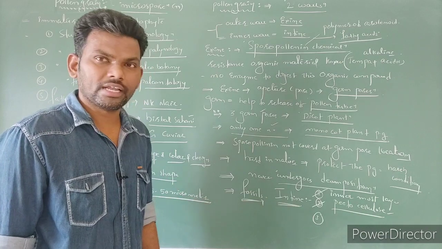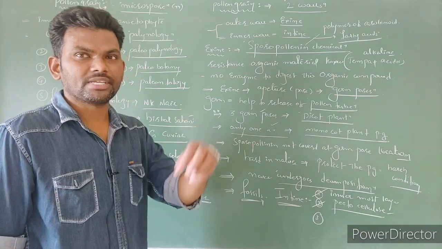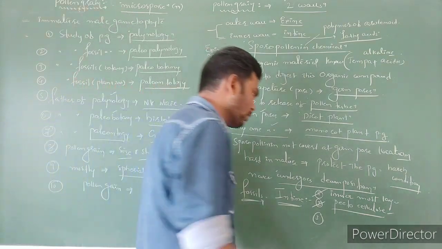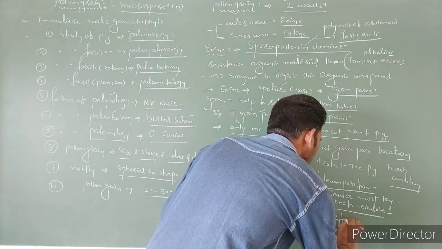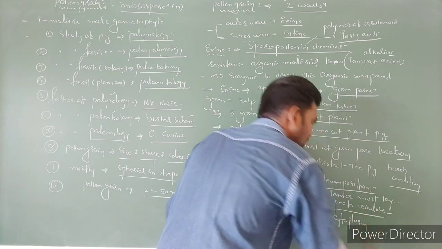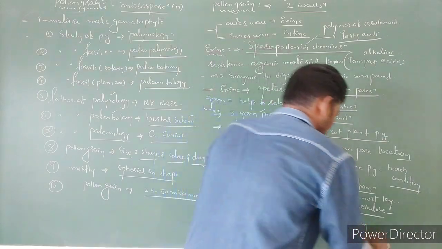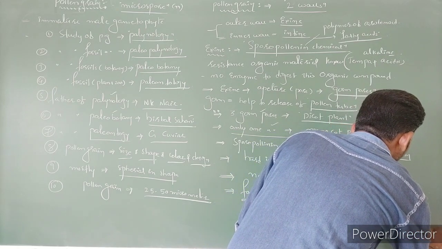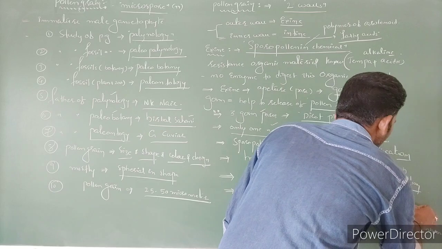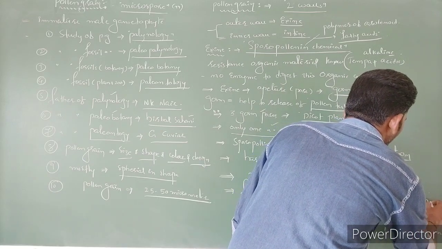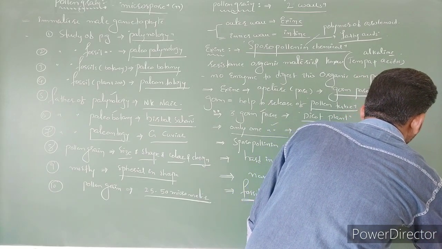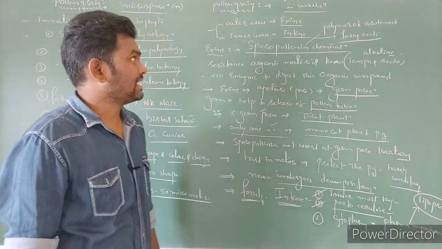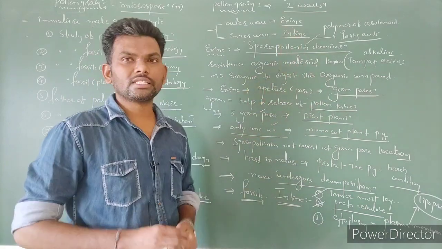Inside the pectocellulose layer, the pollen grain consists of cytoplasm. That cytoplasm is covered by a plasma membrane, which is made up of lipoproteins. Right? So this is the pollen grain structure of exine as well as intine.